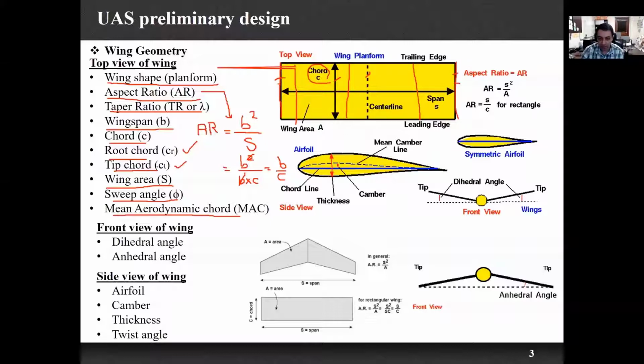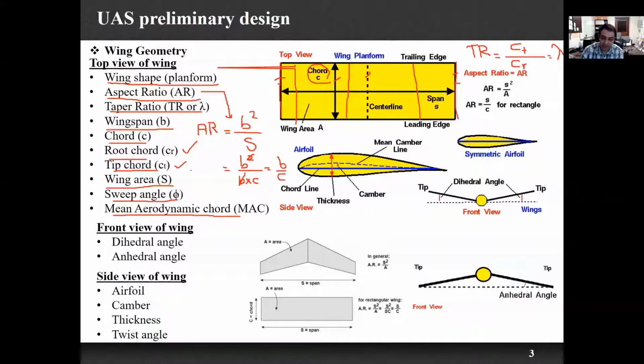So for example, if we define TR, the taper ratio, it is equal to the tip chord, which we show with CT, divided by the root chord, which is CR. We show it with TR or sometimes with lambda.